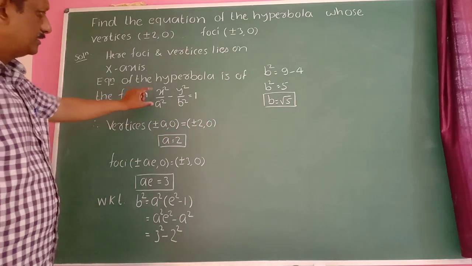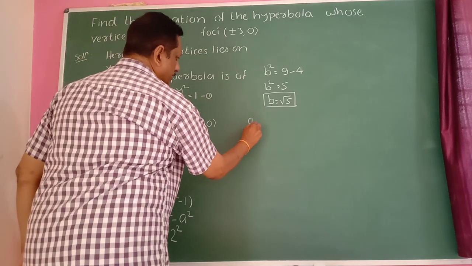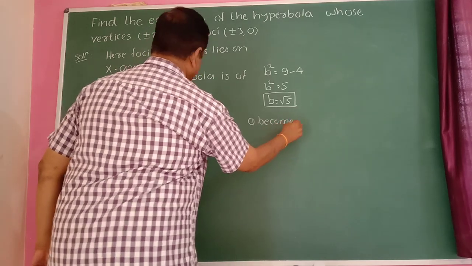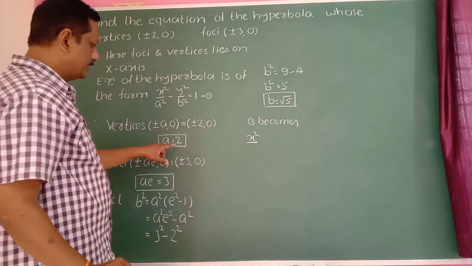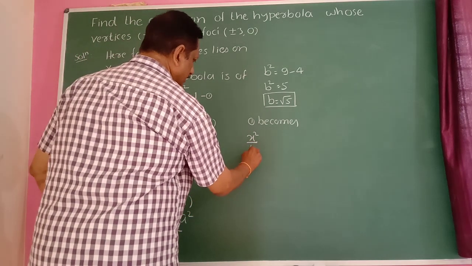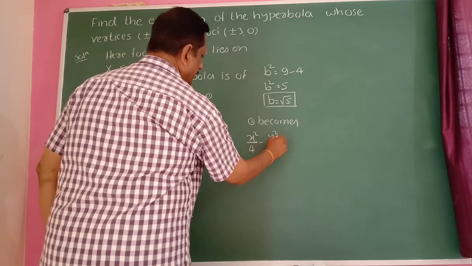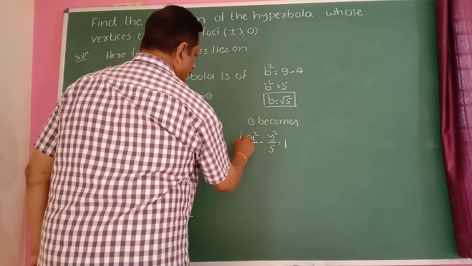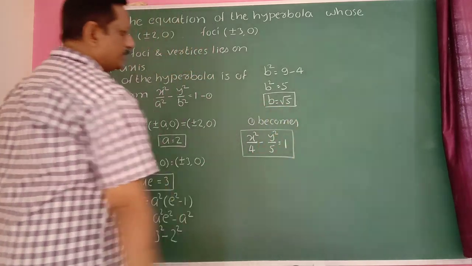Take the standard form as equation 1. Equation 1 becomes x²/4 − y²/5 = 1, since a² is 2² which is 4. So this is the equation of the hyperbola.